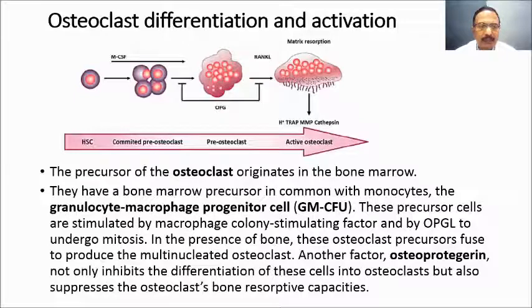This precursor cell is stimulated by the macrophage colony stimulating factor and by RANK ligand to undergo mitosis, and later they fuse to form these large cells like this. So that is how they are developing, not from the mesenchymal cells, but from the bone marrow by the influence of some factors.